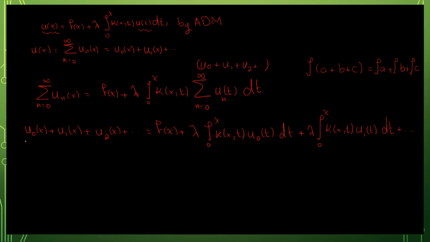We will take u naught as f of x, which is the part that is not under any integral sign. And then we will take u1 as lambda, the integration from 0 to x, k of x and t, u naught of t dt. So we will write it like this.